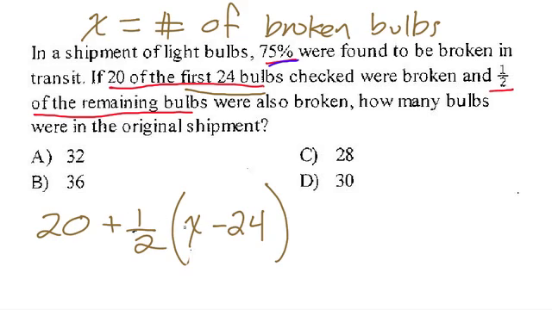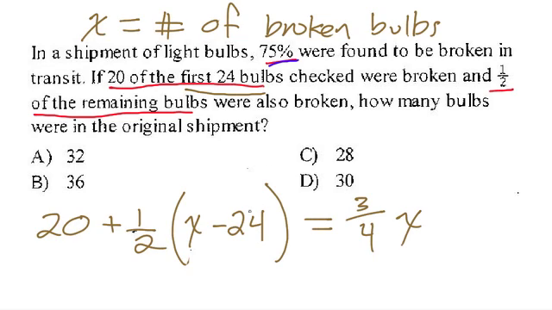And half of what remains, whether it's 10,000 or 40 bulbs that are left, is what we want to find, how many more we have to check. So this amount of bulbs, 20 plus one half of x minus 24, is 75% of the total, or 3/4 of the total number of bulbs.